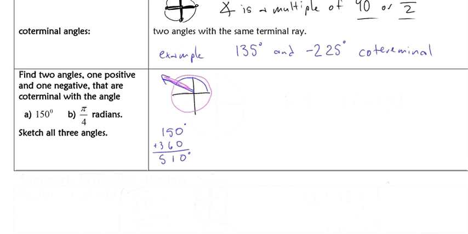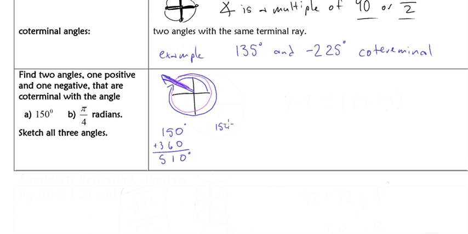Now, you could add another 360 degrees, and another 360 degrees, and you'd continue to end up at the same terminal ray, and it would be coterminal. What if we went negative 360 degrees, though? Essentially, if we started from the 150 right here, what if we had gone 360 degrees clockwise? Where would we be now?